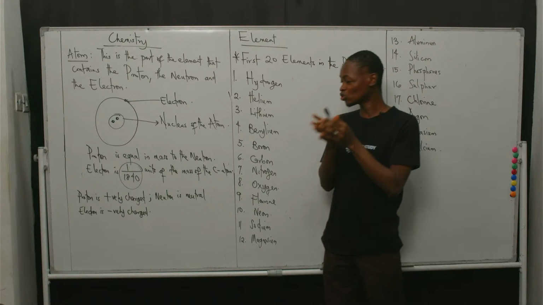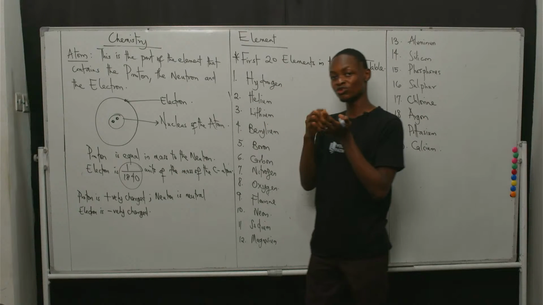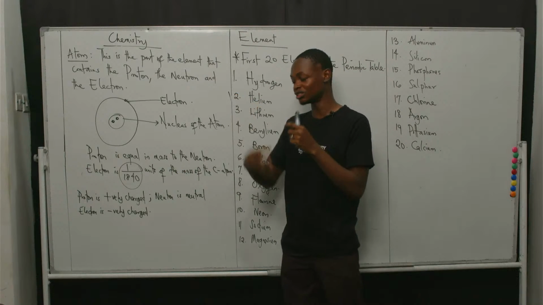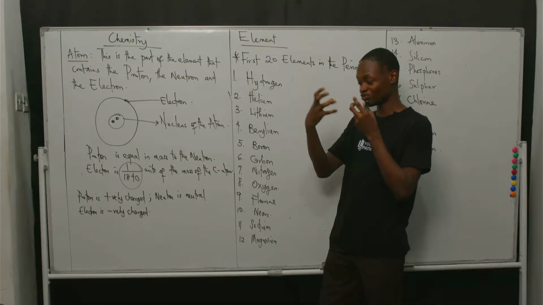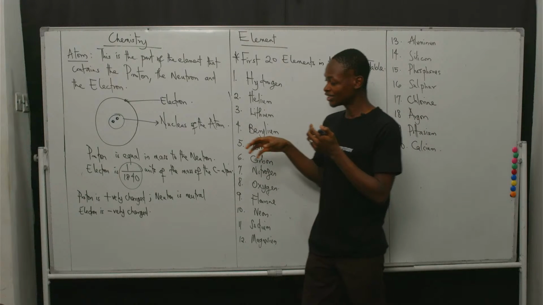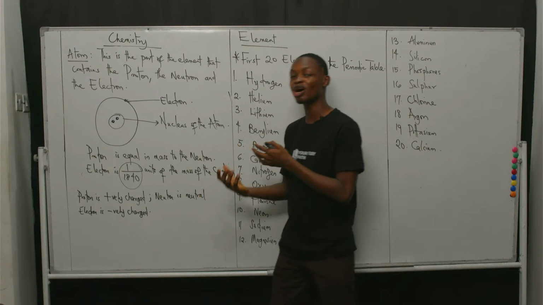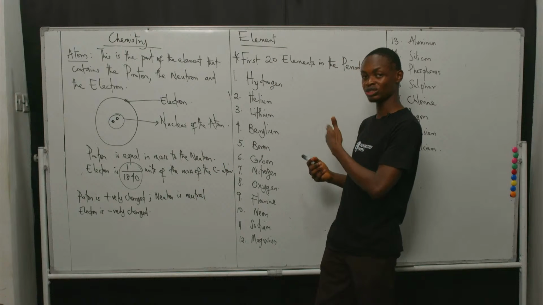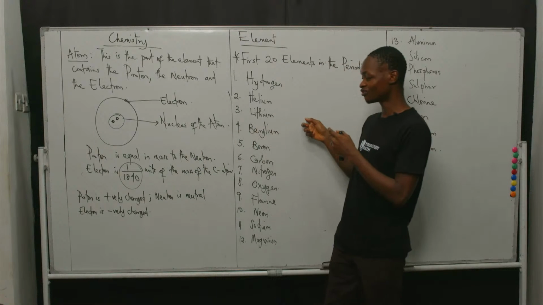We would also still have some concepts on the constituents of the atom that we will not talk about now, but I'll mention it. The concept I'm referring to is the mass number and atomic number of an element. We'll get to it in a bit, but I don't want to jump the gun because we have something very important.